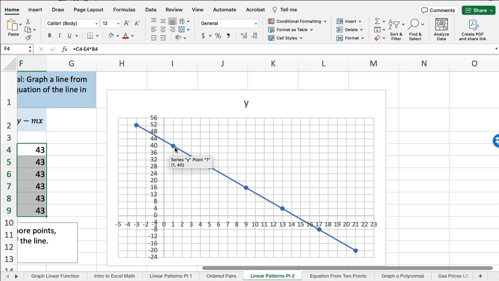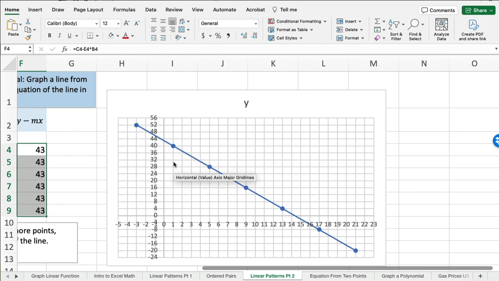Every time you go from one point to another, you can see how the y changes and the x changes. So basically, if you draw a triangle here that connects these 2 dots with like the point right here, 1 comma 28, you can see that the y value would go from 40 down to 28. And then the x value goes from 1 to 5.